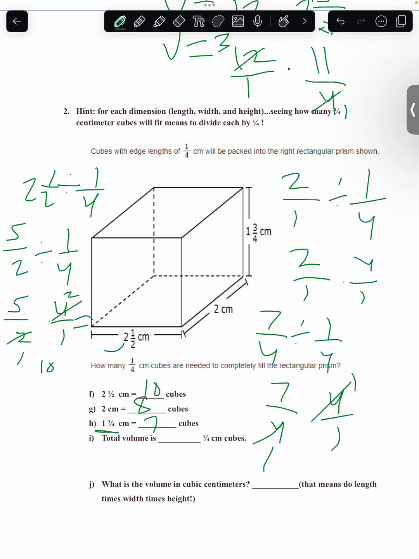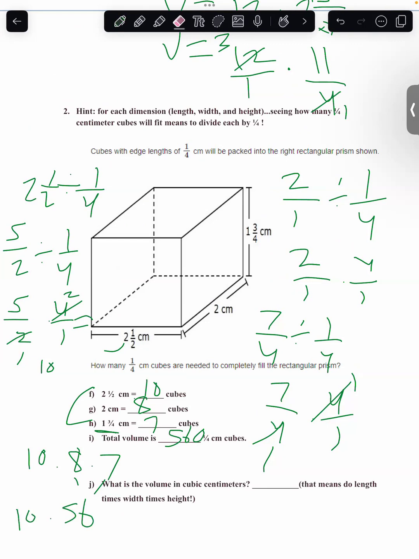Therefore, the total volume of these cubes is going to be 10 times 8 times 7. Length times what? Times height of these cubes. Now, if you do the commutative property here, 8 times 7 is 56 times 10 is 560 of the little cubes. Here's what I'm saying: I just did this part first, then times 10.